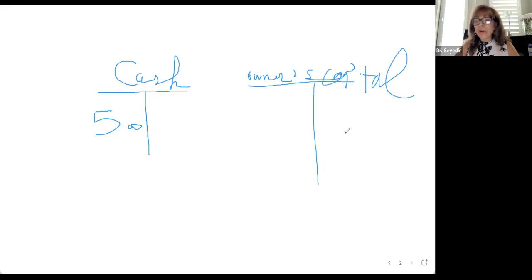And now any increase in capital should be recorded on the credit side. Then we will put the $500 here.